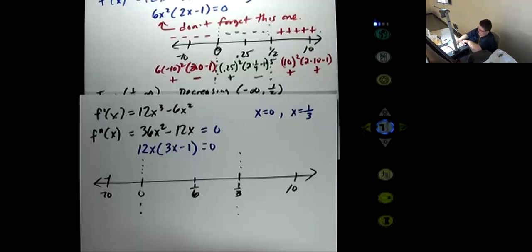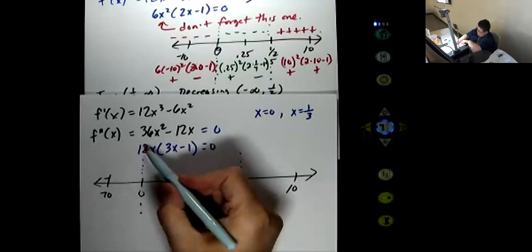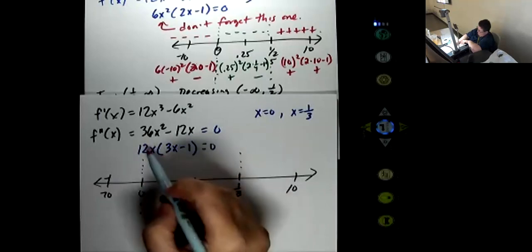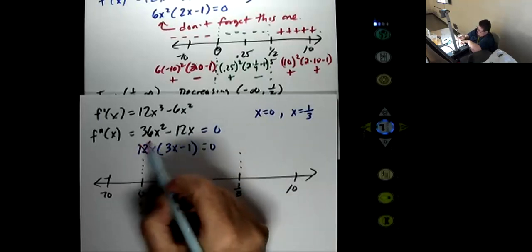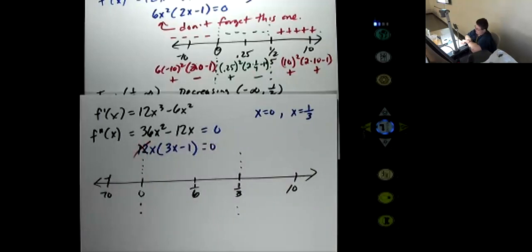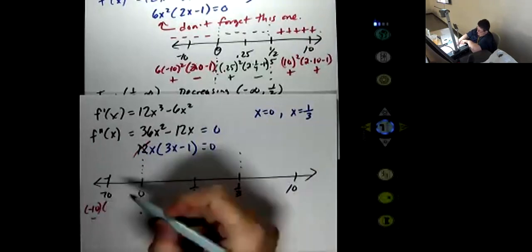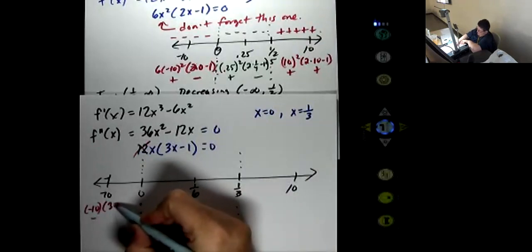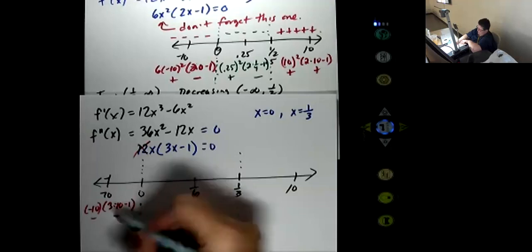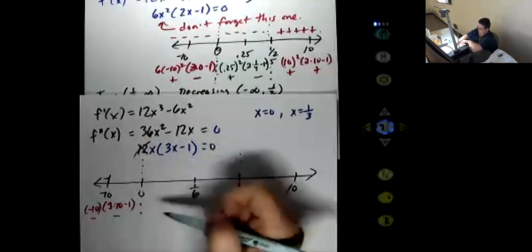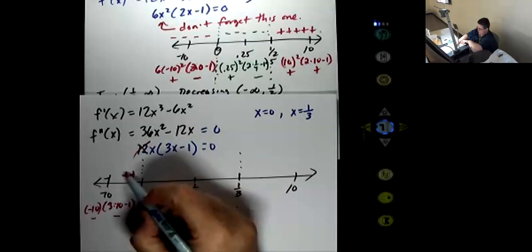So if I stick in -10, the 12 is always positive, so I'm not going to worry about that for my derivative. Don't need that for this sign check. -10 is negative, and 3 times -10 minus 1 is also negative. A negative times a negative is a positive, which means this region is positive.